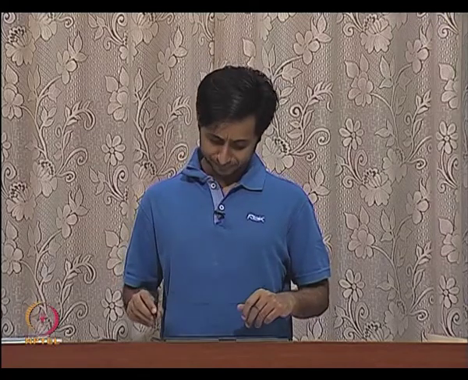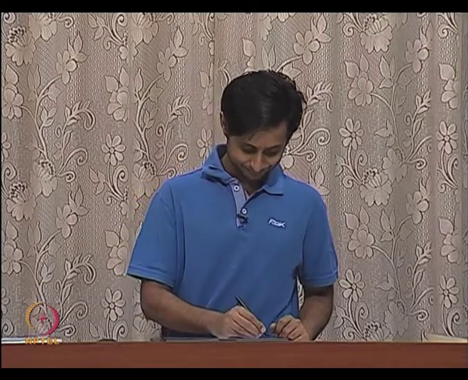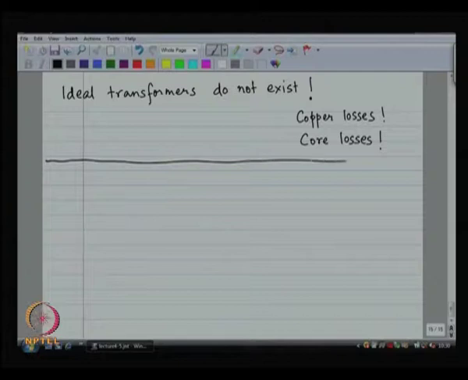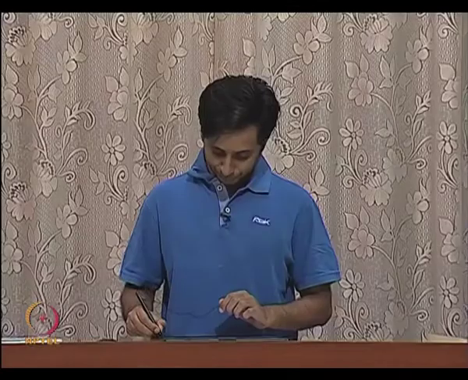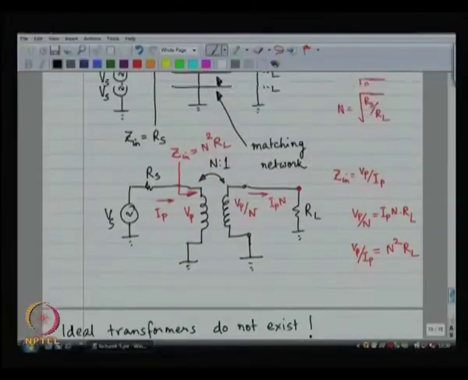Between the primary side and the secondary side there is going to be a parasitic capacitance. So, the transformer is a mess. The ideal transformer is just a mathematical entity, it is not possible to make such a thing. All right. So, wish for an ideal transformer, it is not possible. So, therefore, we have to continue our study of matching networks.